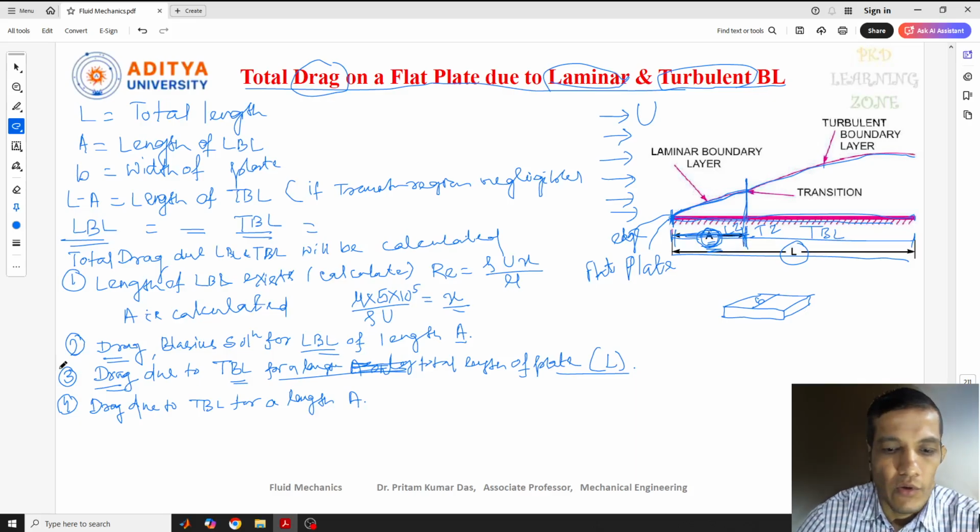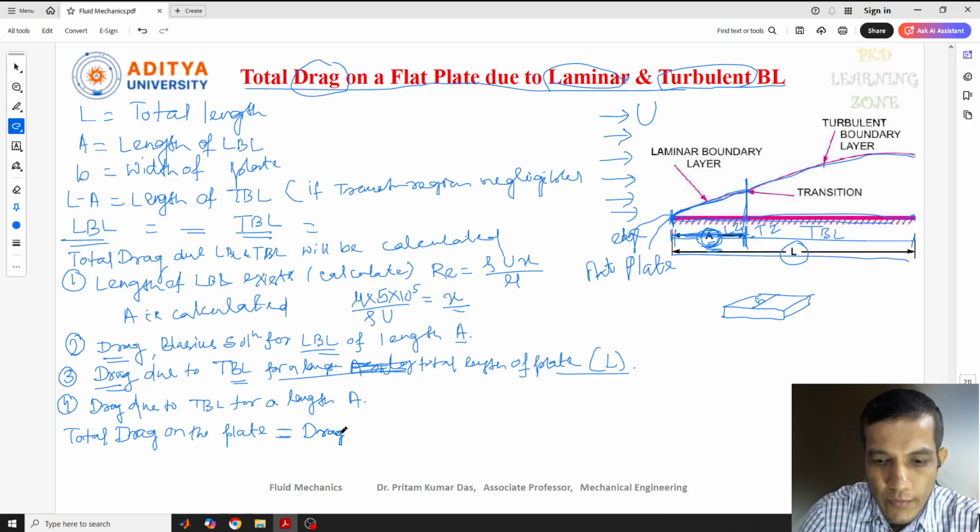Okay, so for the total, as we have discussed, how we can calculate the total drag on the plate, because both we need to consider, laminar as well as turbulent. So here, how we can calculate? Now first one, the drag given by which point?